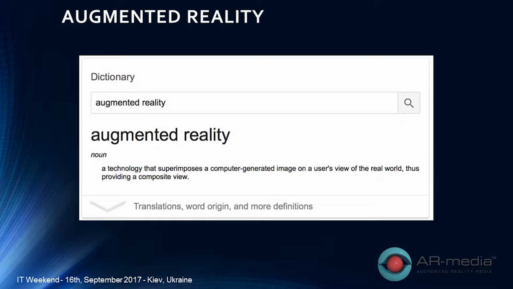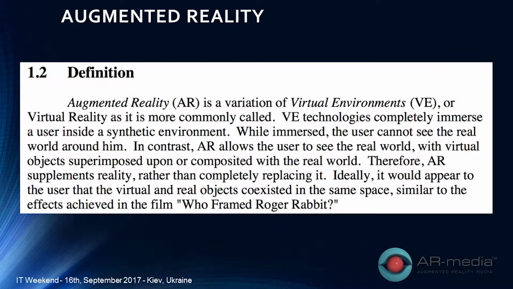But a more complete definition of augmented reality has been given by Ronald Azuma in a survey on augmented reality, and basically it says almost the same thing as the previous definition, but a few lines later in his survey, he adds that an augmented reality system actually has three major components.